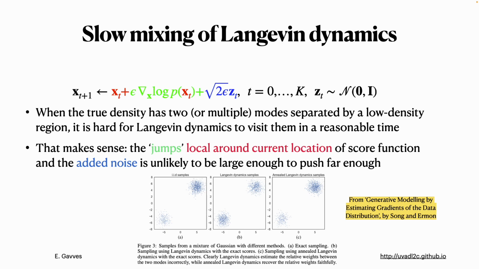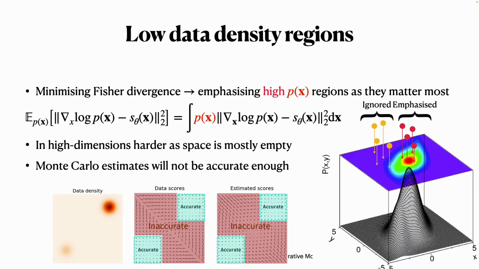And before explaining how it was proposed to be fixed, this is also a problem with sampling. When you've got Langevin sampling, you've got a very local rule. It's not the same problem, but it's similar.